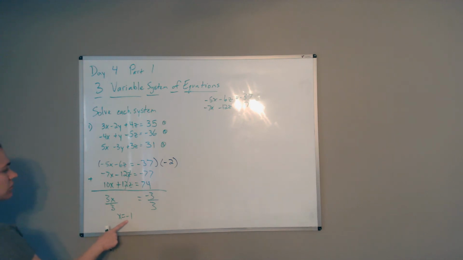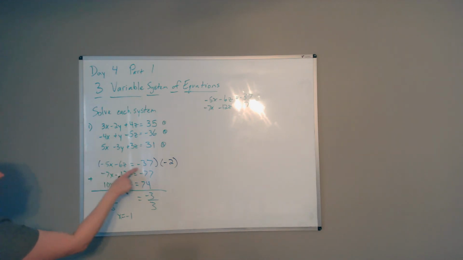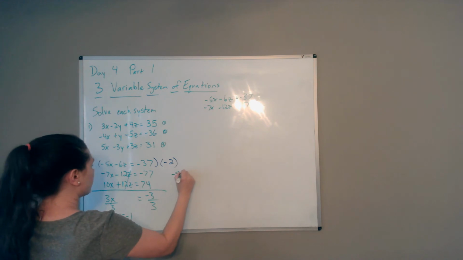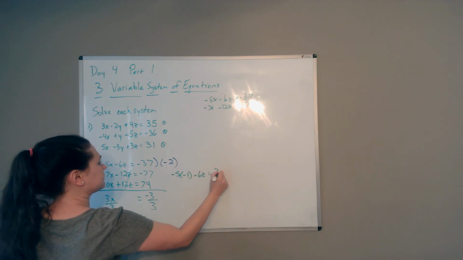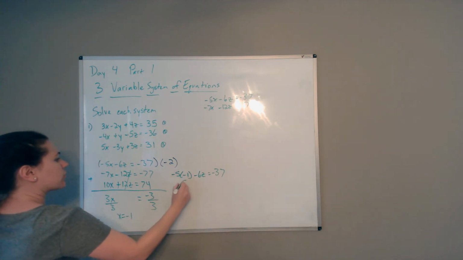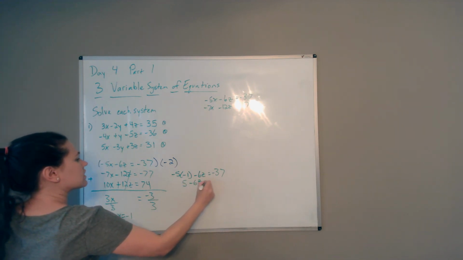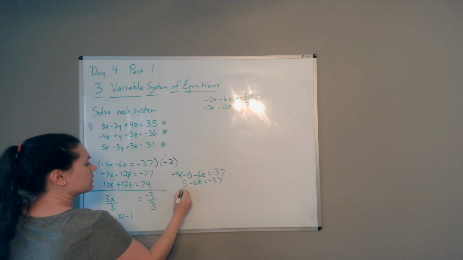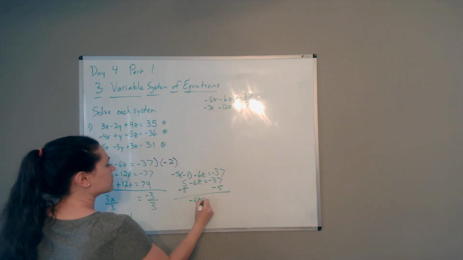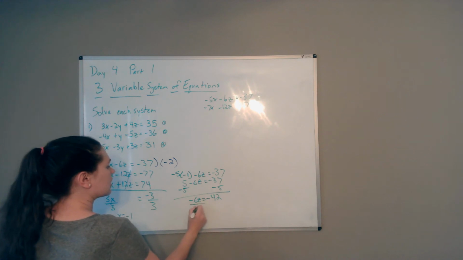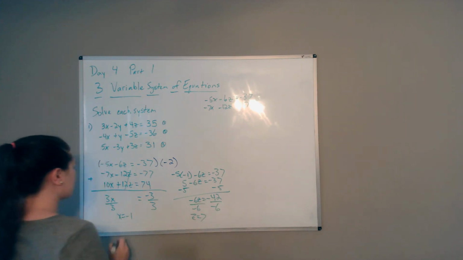So if I substitute this in for x, I can now solve for z. Okay? So this is 5 minus 6z equals negative 37. Take away 5, take away 5. That's negative 6z equals negative 42. Divide by negative 6, and z is 7. Okay?